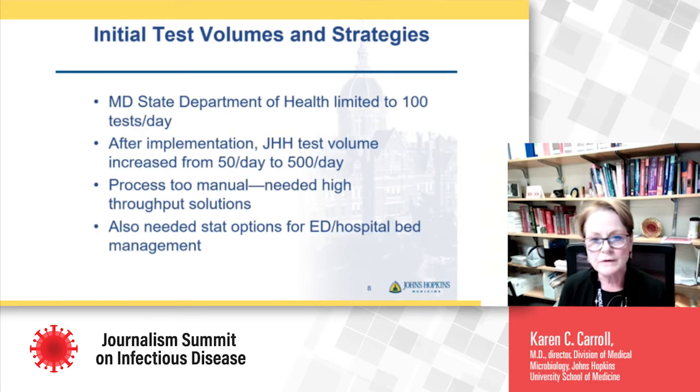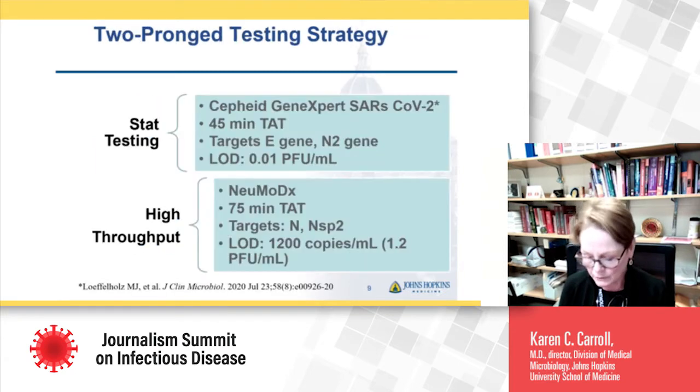We soon discovered that even 500 tests per day was not going to be sufficient to meet hospital and community demands because the process was too manual, and we needed high throughput solutions. And we also needed stat options for the emergency department and for bed management.